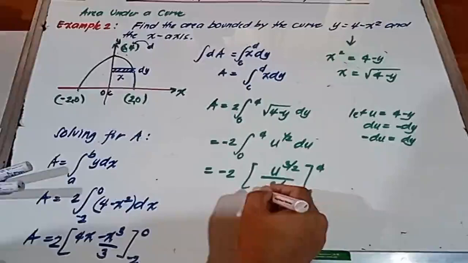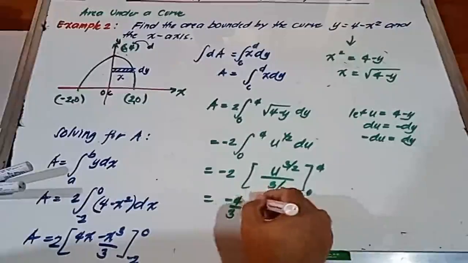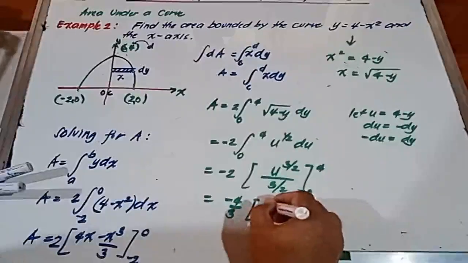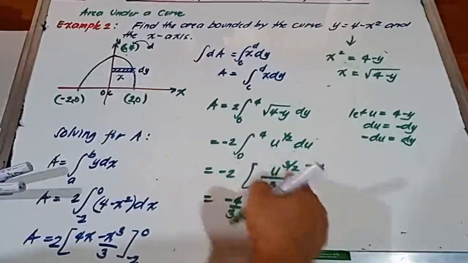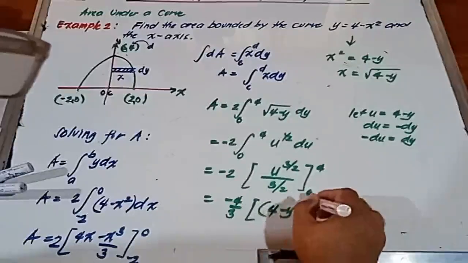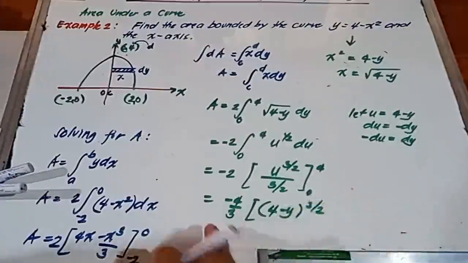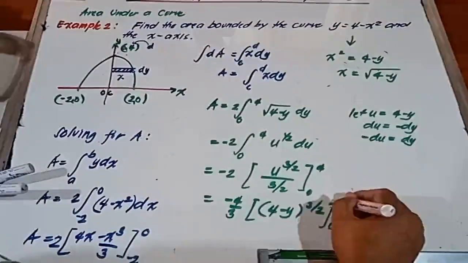And then, 2 over 3 magiging negative 4/3. Ang u natin ay, sorry, ang u natin ay 4 minus y. So, 4 minus y to the 3 halves. This is 3 halves times negative 2 is negative 4/3. That is from 0 to 4.